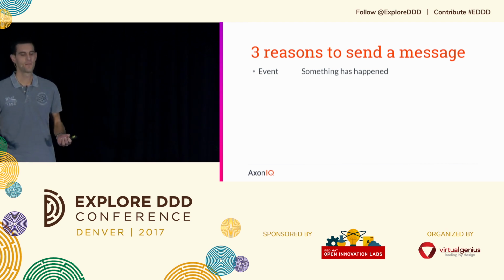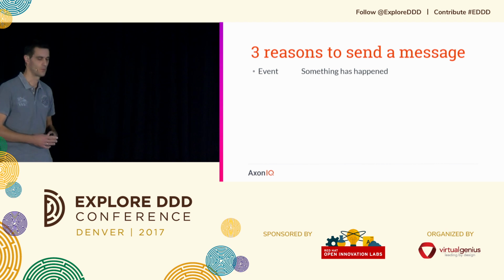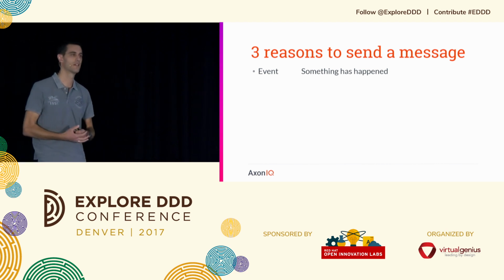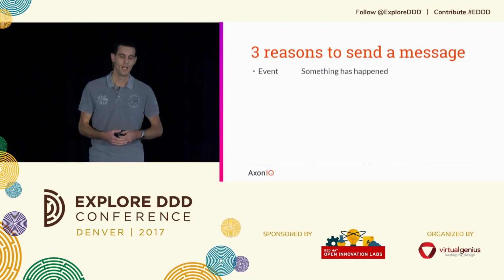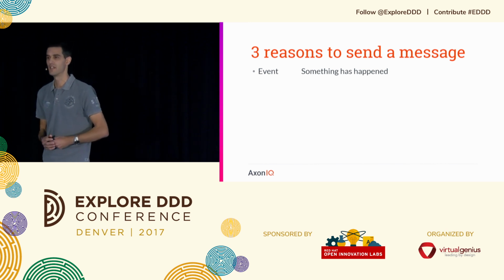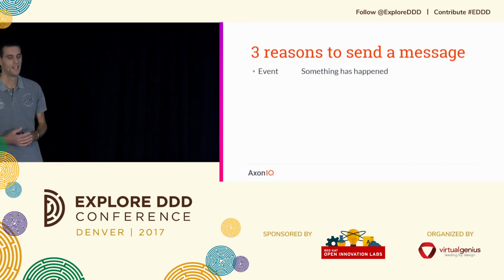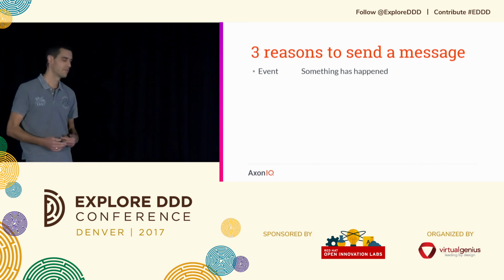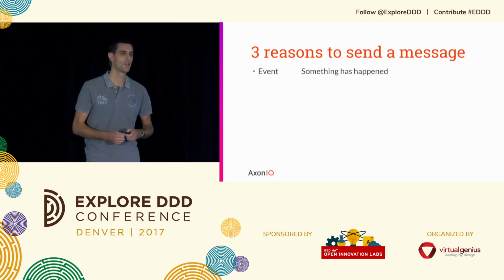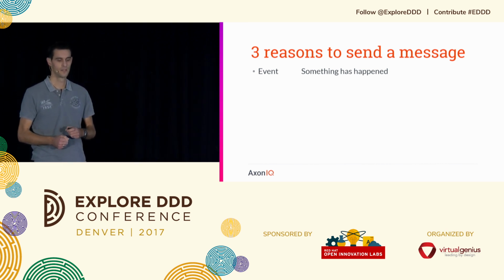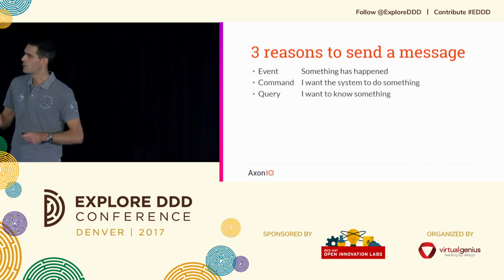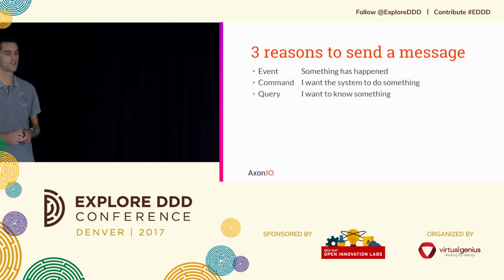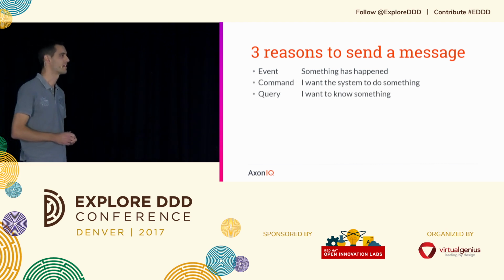An event describes that something has happened, which I think is pretty clear to most of you. Event wasn't described in the blue book, but it was described not much later. The command and the query, I think, are some of the underestimated types of messages.